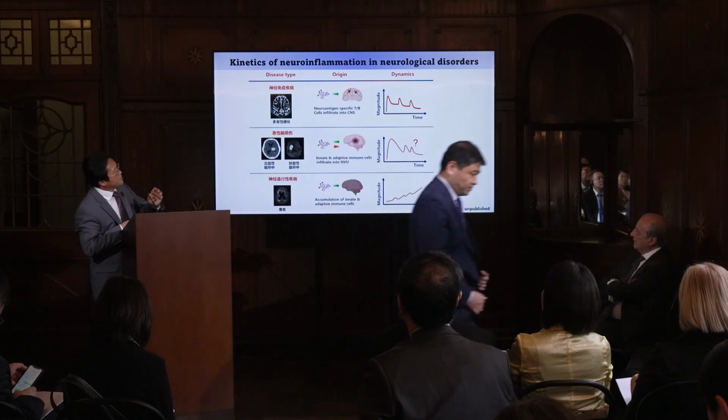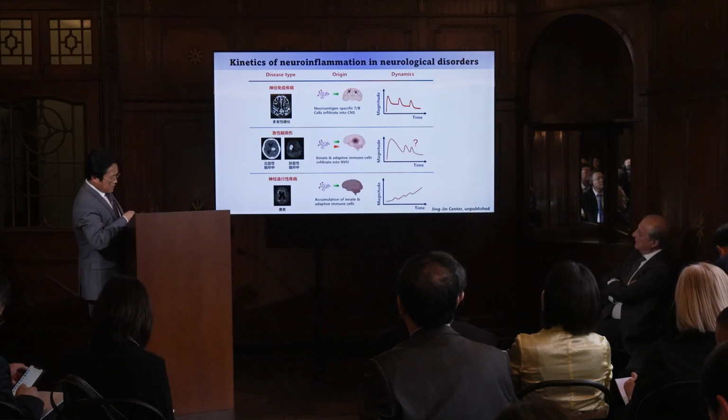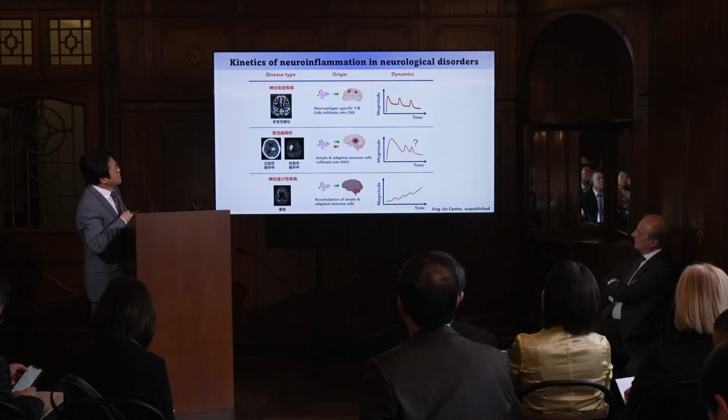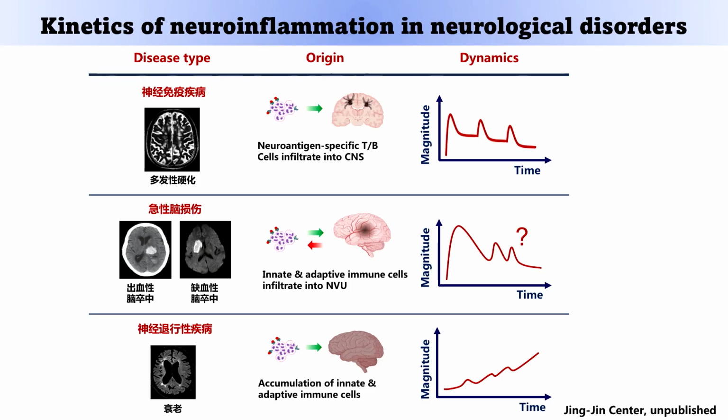I'm going to skip this. This is an attempt to compare the kinetic and the magnitude of inflammation across the spectrum of neurological conditions as manifested by multiple sclerosis, acute brain injury, and degeneration.